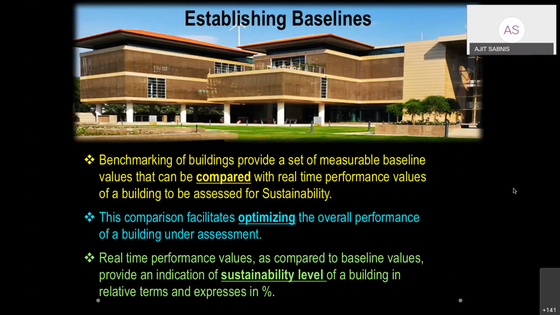It provides a set of measurable baseline values that can be compared with the real-time performance values of a building to be assessed for sustainability. The second benefit is that this comparison facilitates optimizing the overall performance of the building under assessment. Third, the real-time performance values as compared to baseline values give us an indication of the sustainability level of a building in relative terms, expressed as a percentage.